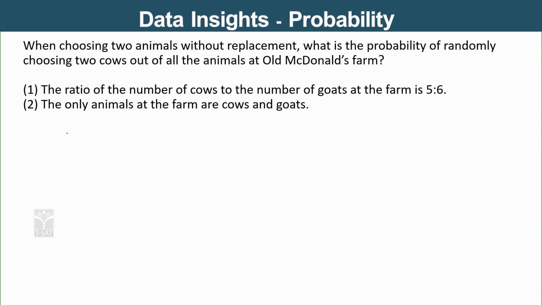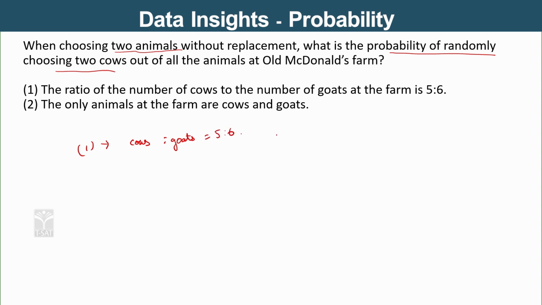Okay. So, what is the question asking us? The question is asking us, when 2 animals are chosen without replacement, what is the probability of randomly choosing 2 cows out of all the animals? And statement 1 tells us the number of cows to the number of goats is 5:6.